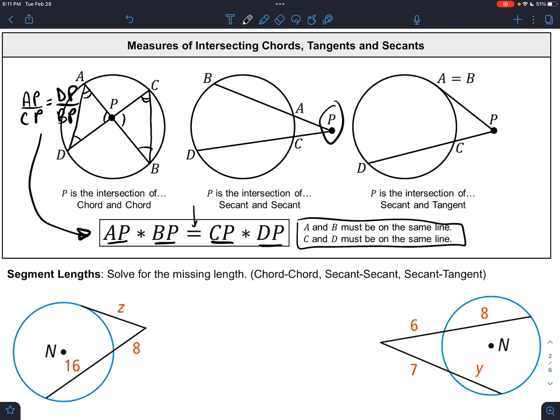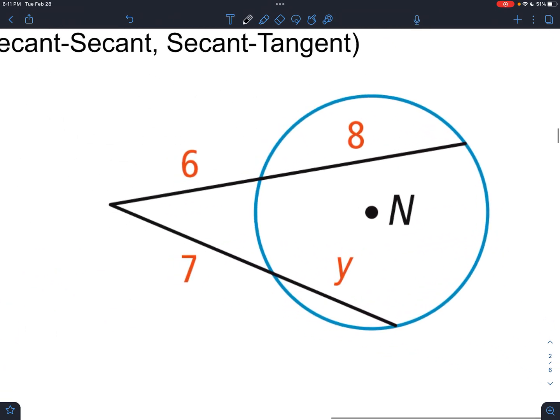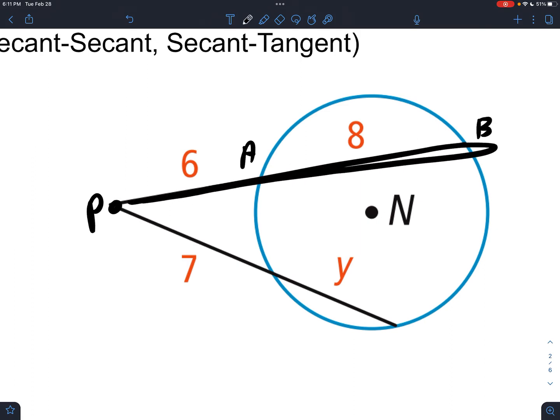We just need to know that P is the intersection, and that A and B have to always be on the same line, and C and D have to be on the same line as well. Sometimes I'll label it for you, and sometimes it won't be labeled. So let's start with this one here. P is where these 2 lines cross.